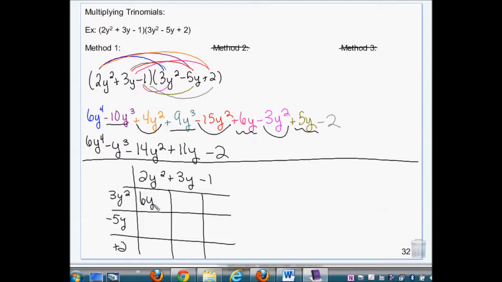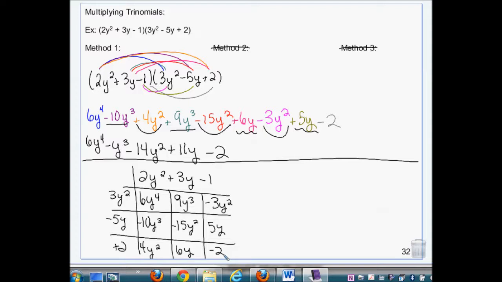6y to the 4th, 9y to the 3rd, negative 3y squared, negative 10y to the 3rd, negative 15y squared, 5y, 4y squared, 6y minus 2.